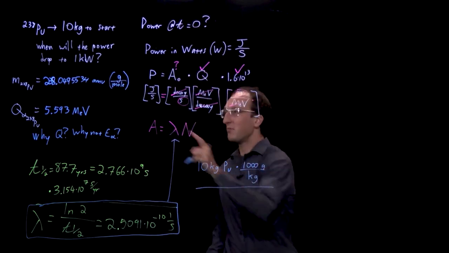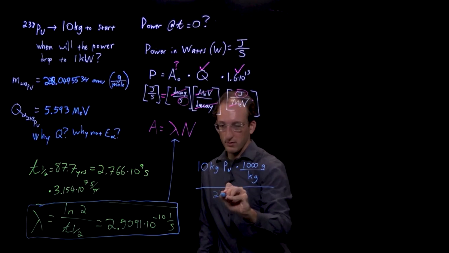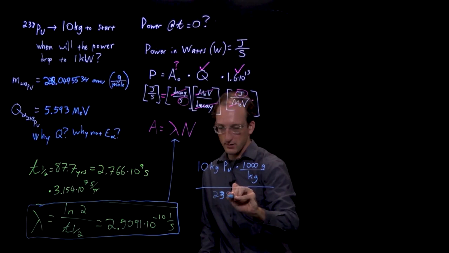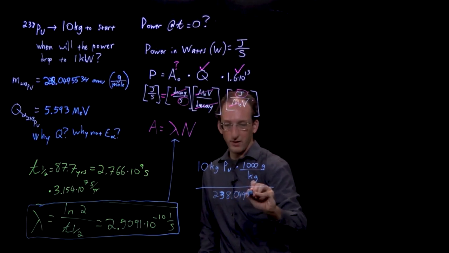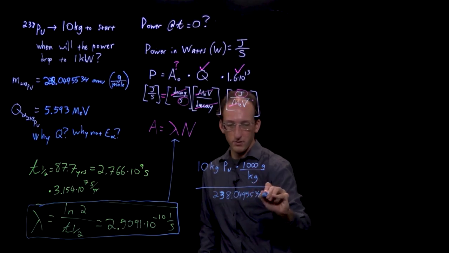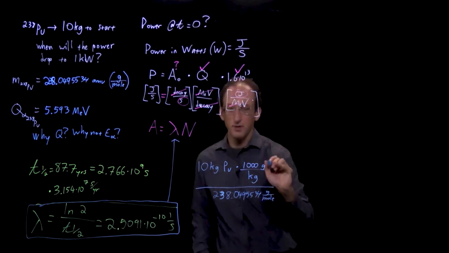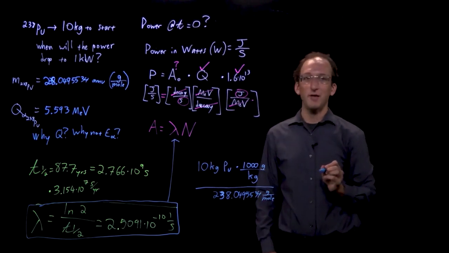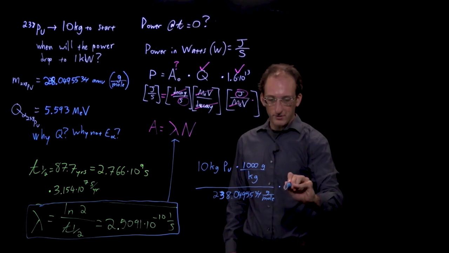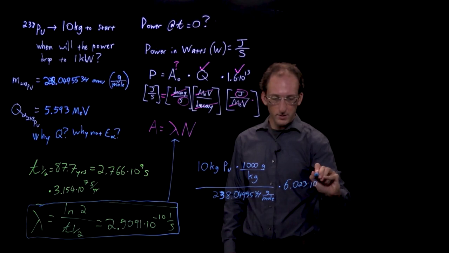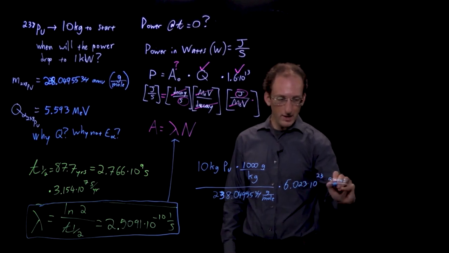And we can divide by the molar mass of plutonium, 238.0495534 grams per mole. And since we need to know the number of atoms to get the number of disintegrations, we have to multiply by Avogadro's number, 6.023 times 10 to the 23rd atoms per mole.